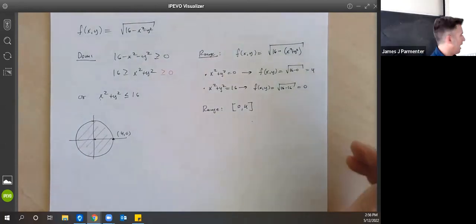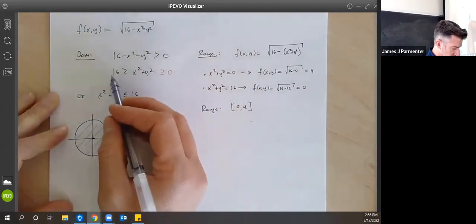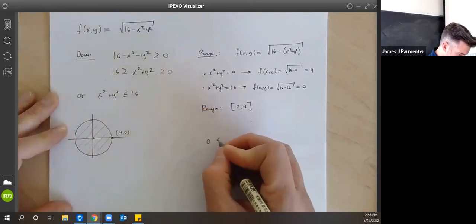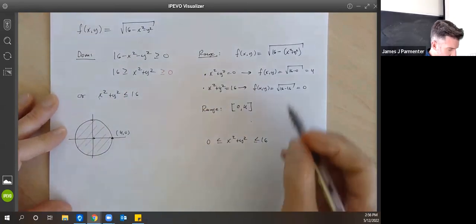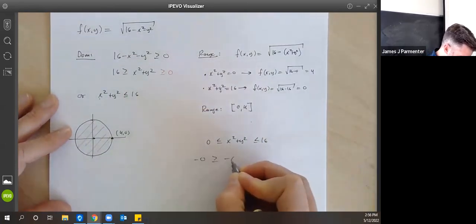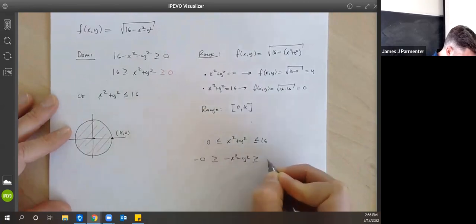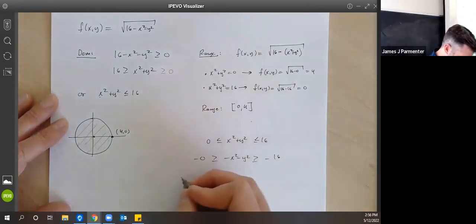There's definitely a more algorithmic way of doing this particular one, but they really don't recommend it. Like you could totally be like, okay, I'm going to start with 0 less than or equal to x squared plus y squared less than or equal to 16, and then negate everything, which means you have to change the order of the inequality, and then add 16 to everything.